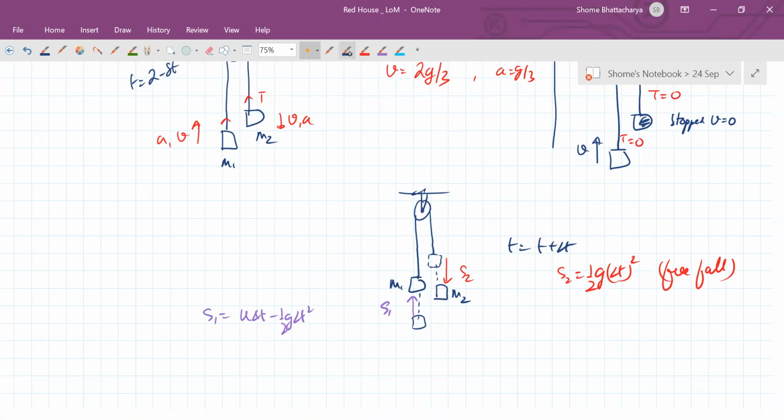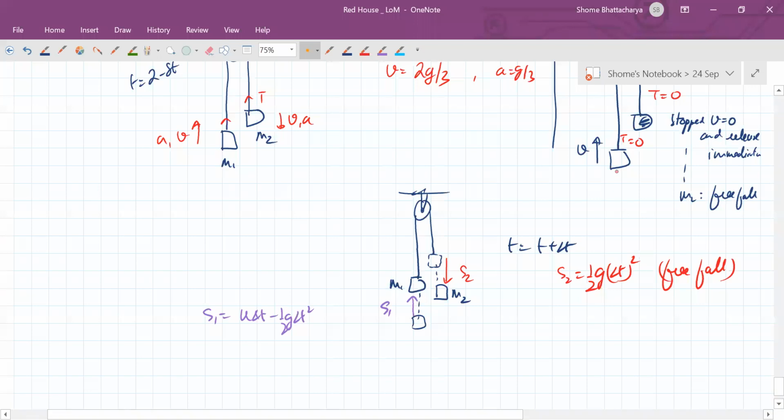Because the moment this happens, you stop it and then release it immediately. So m2 is in free fall, whereas m1, because the tension has become zero, is having a vertical projection. Okay, so that's why this displacement will be like this.